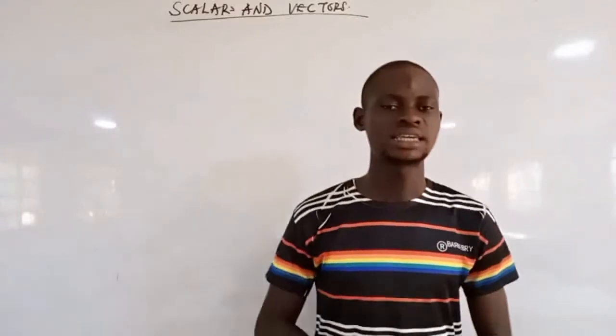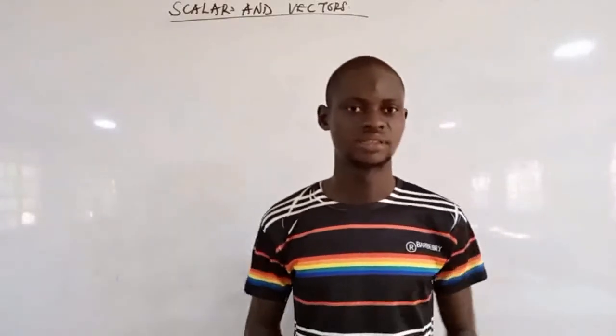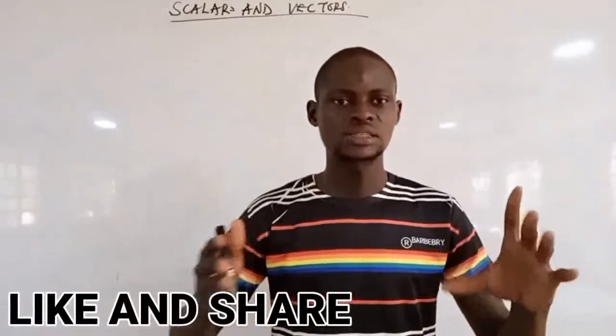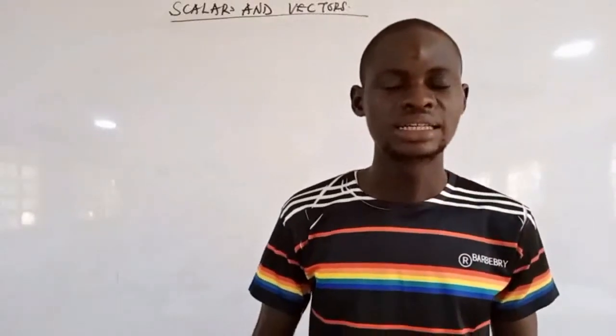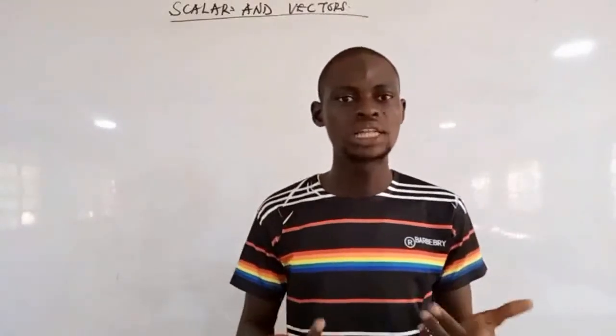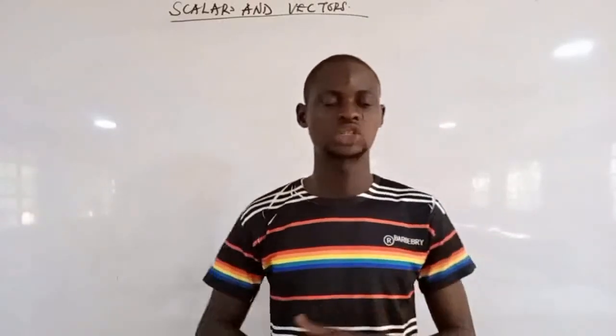Let's get started. As you can see, there are varieties of quantities in physics. Among these quantities, some of them are scalar. That means quantities that depend only on size and are independent of direction.